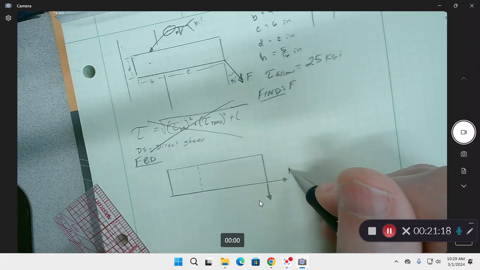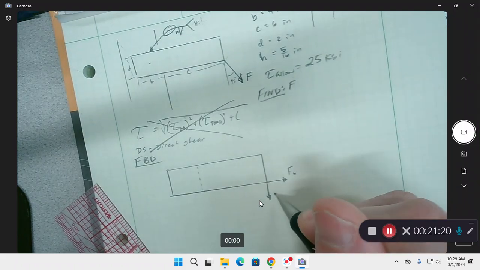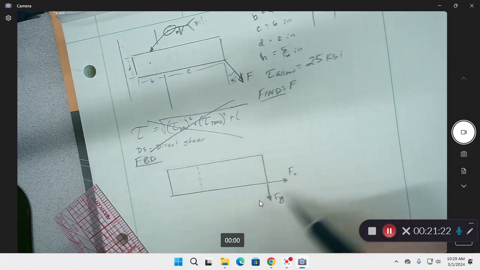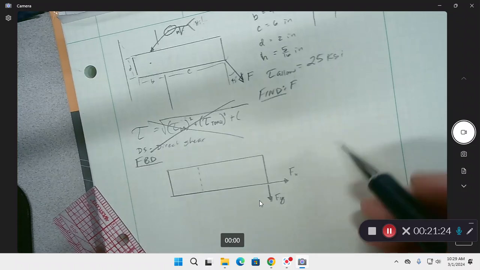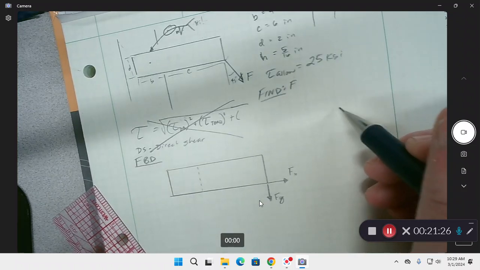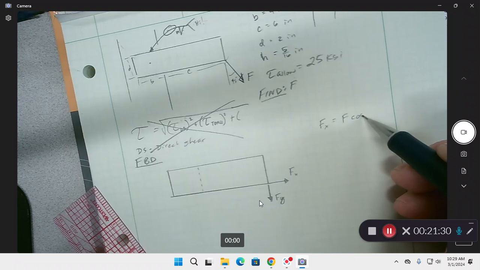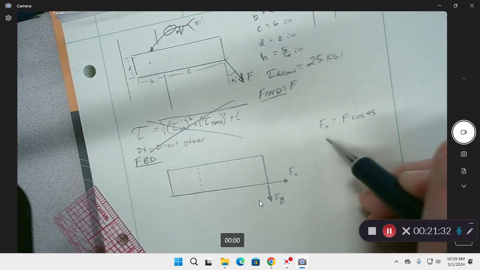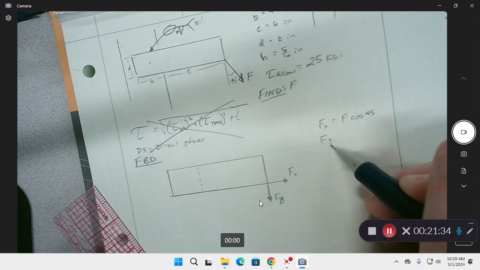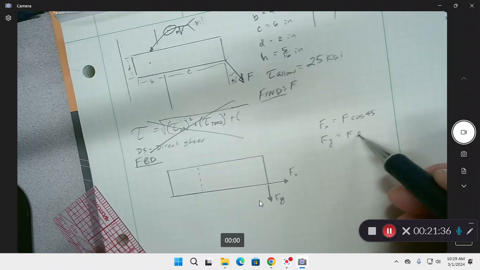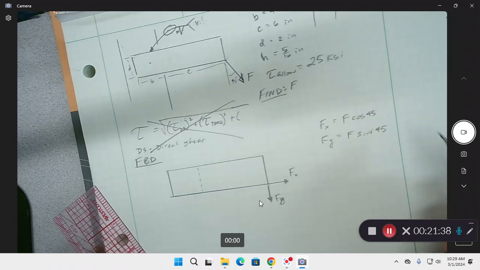So we'll go Fx and Fy, something that we don't know what that is right there. So we could write over to the side that Fx is equal to F times the cosine of 45. I guess I'll leave it like that. Fy is equal to F sine of 45.